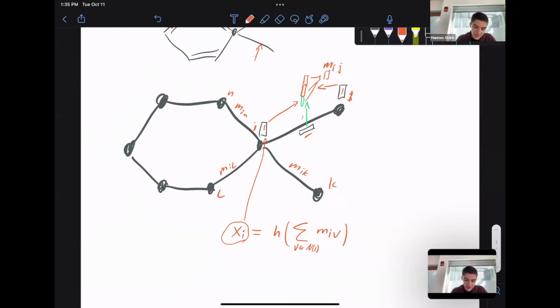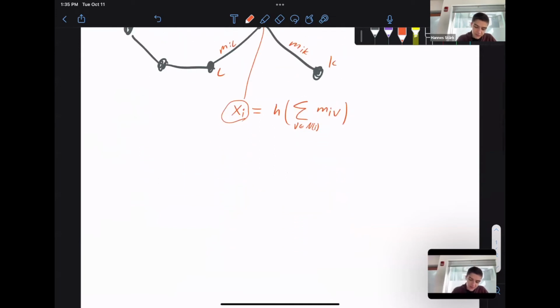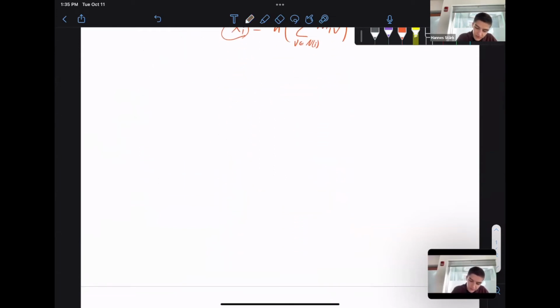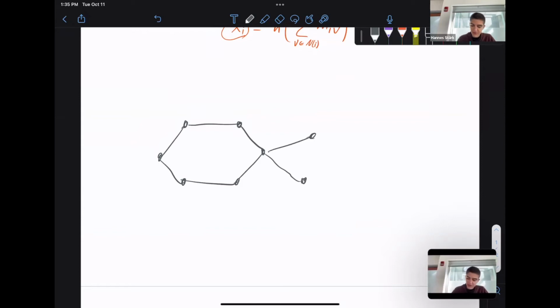And in the end, we have our fish molecule, and it has some updated node features that hopefully now contain a lot of information about the molecule and how it could function and what atoms are where. And, oops, yeah, let me just draw these features here.